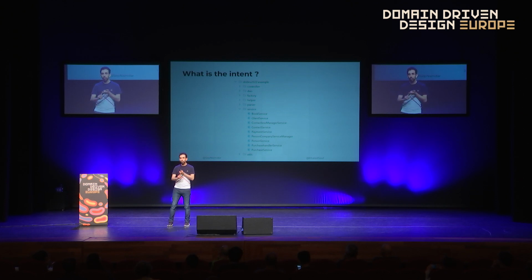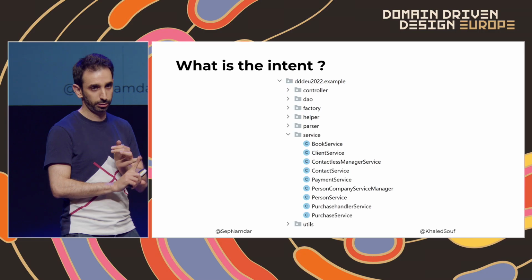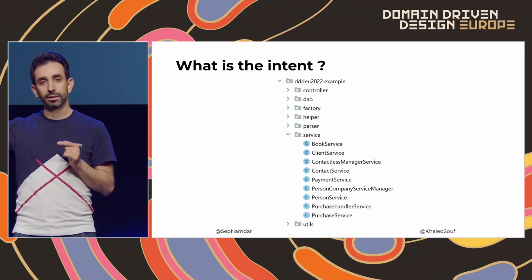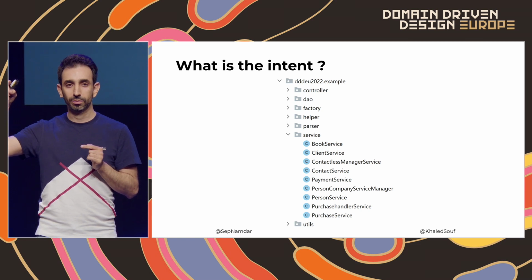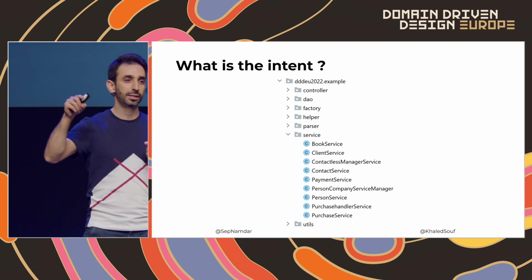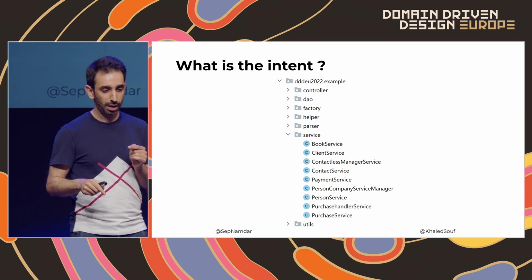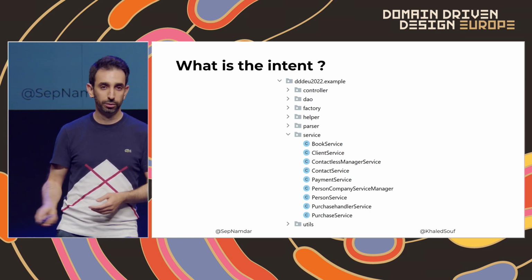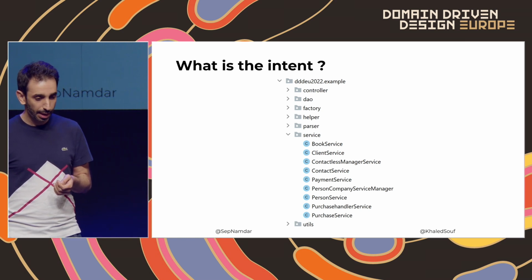For example, controller, DAO, manager, helper, I don't know what. And any time that we open one of these packages, what can we find? We will find many contexts mixed together. Person, purchase, marketing, manager, I don't know why, blah, blah, blah.